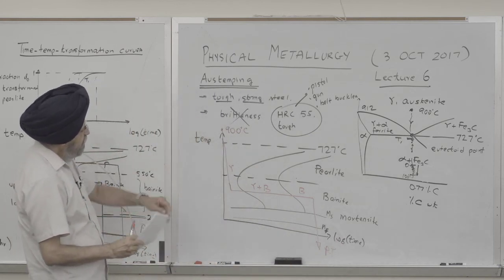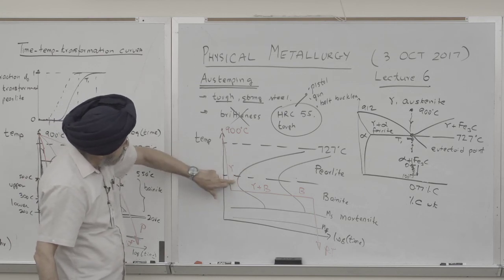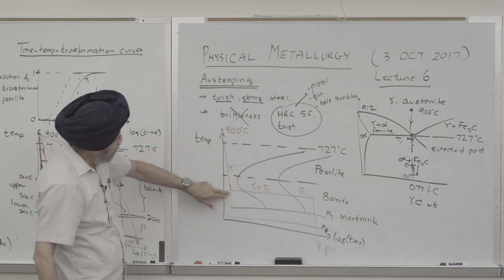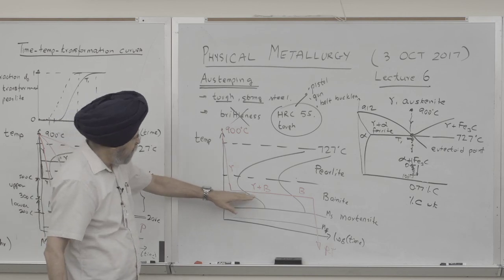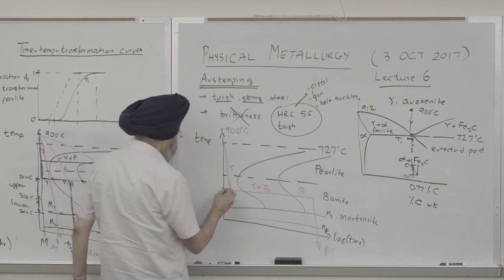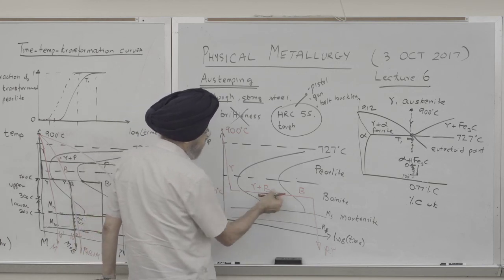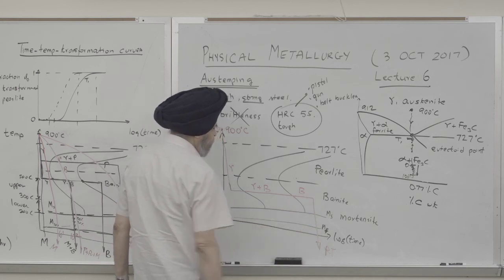So you're making sure that you avoid the nose of the TTT curve. You quench to this temperature. You hold it at this. Let's say this could be 400 degrees centigrade. So you hold it here, and then you cool down to room temperature.